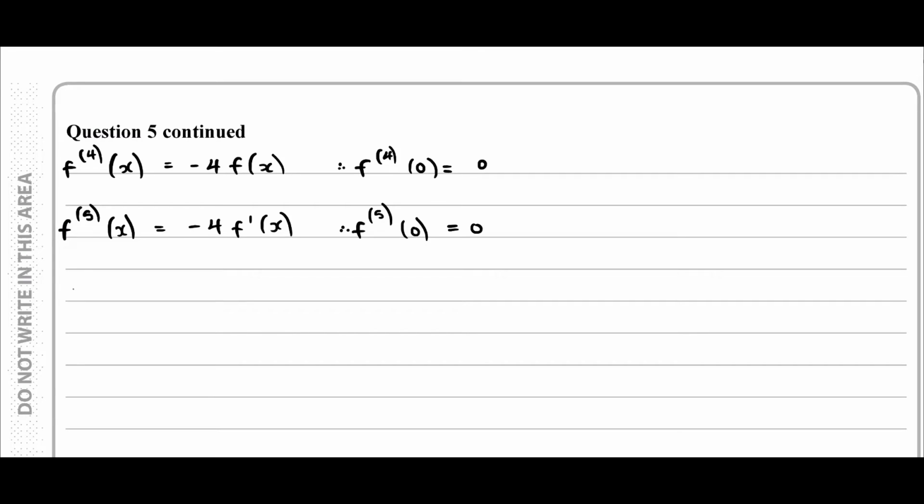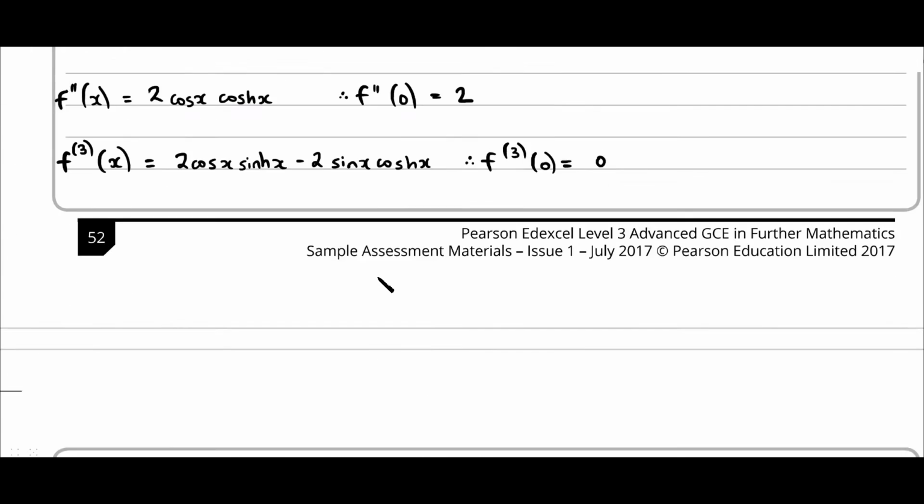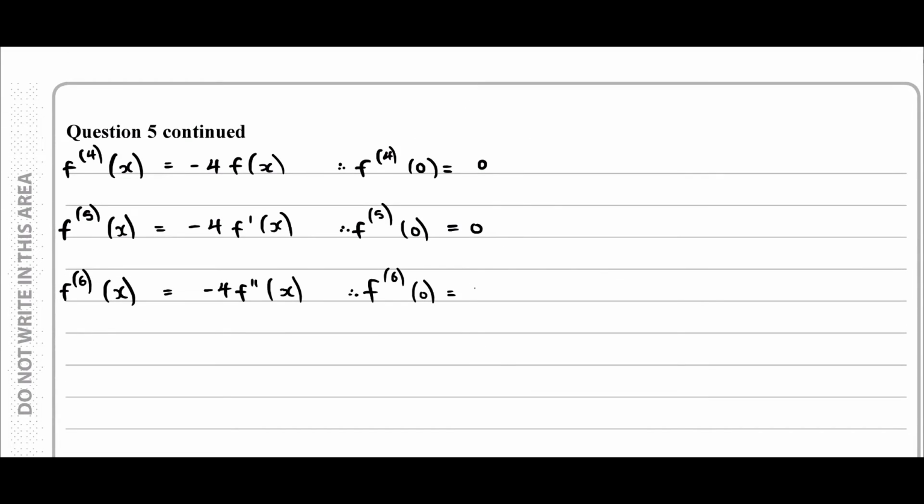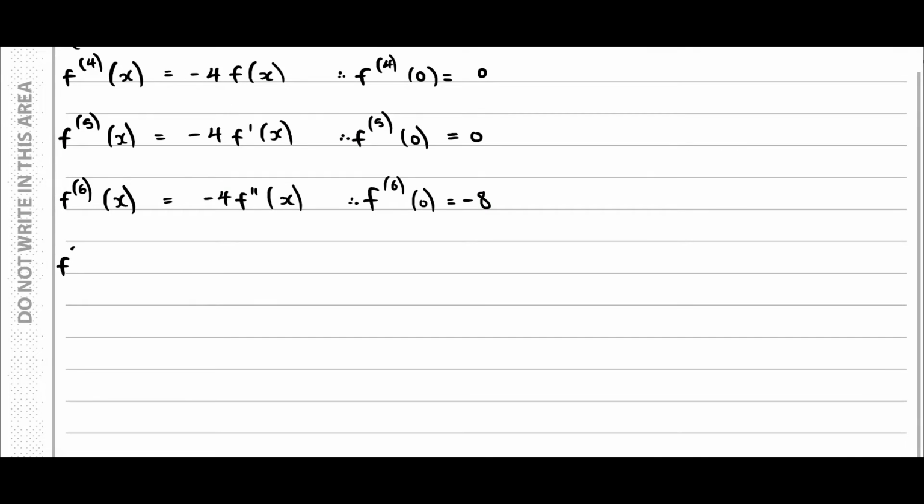The sixth derivative will equal minus 4 lots of the second derivative, and therefore the sixth derivative at the point x equals 0, the second derivative, we found that at the point x equals 0 to be 2. So we have minus 4 times by 2, which is minus 8. The seventh derivative is equal to minus 4 lots of the third derivative.